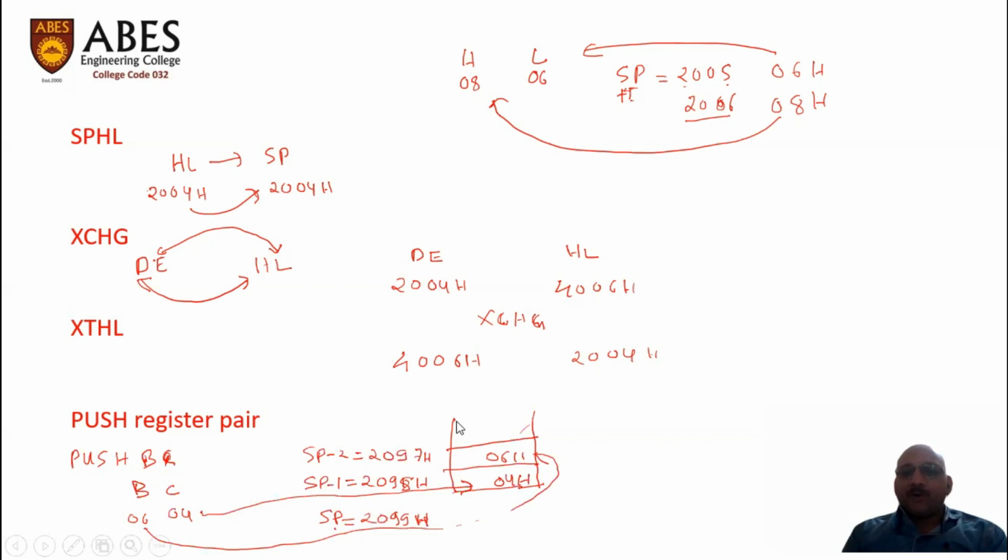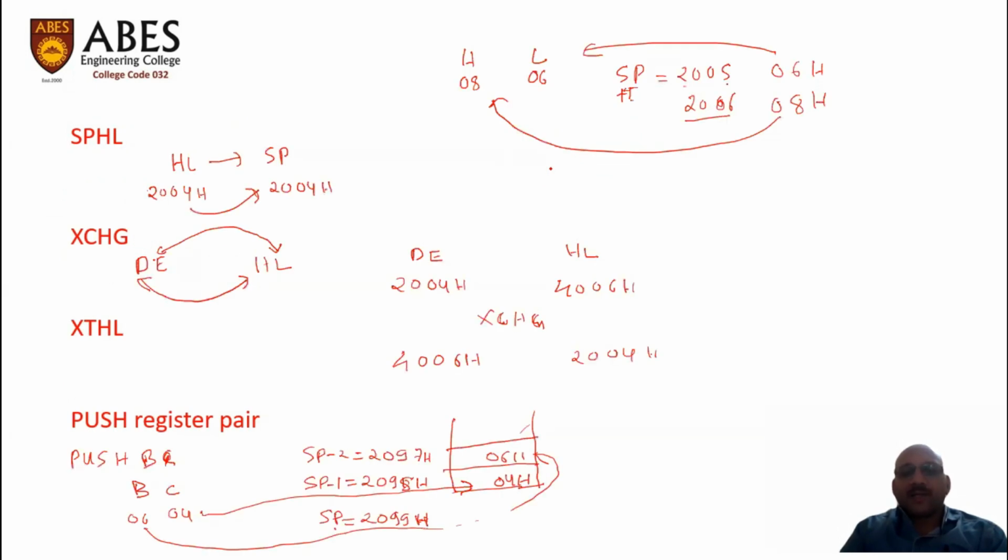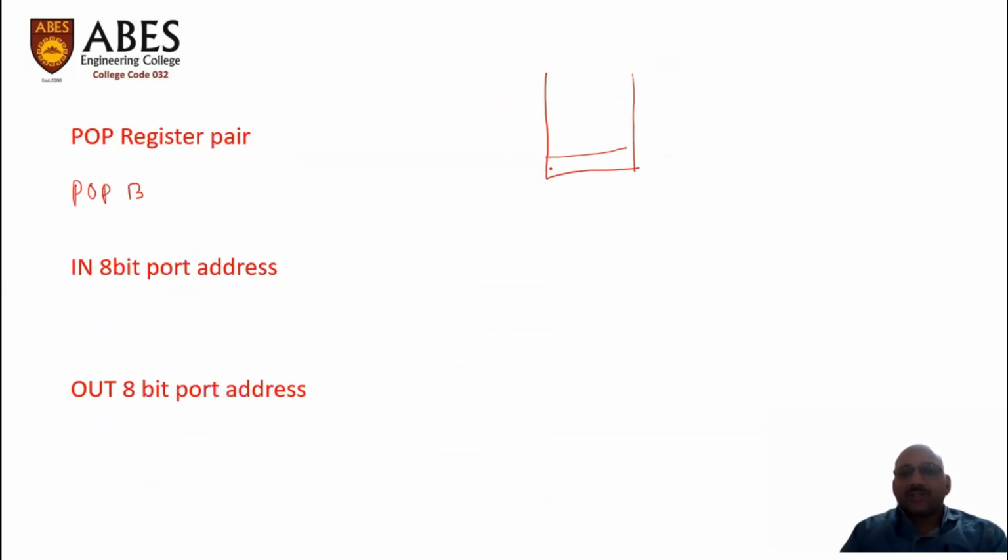Now, if you want to retrieve this value back into the BC register pair, then we have the instruction pop register. How will it work? For example, if I write pop B, I want to retrieve the value of the BC register pair, which we stored previously in the stack. How can we retrieve it? We already stored the value of the BC register pair, that is 04 and 06.